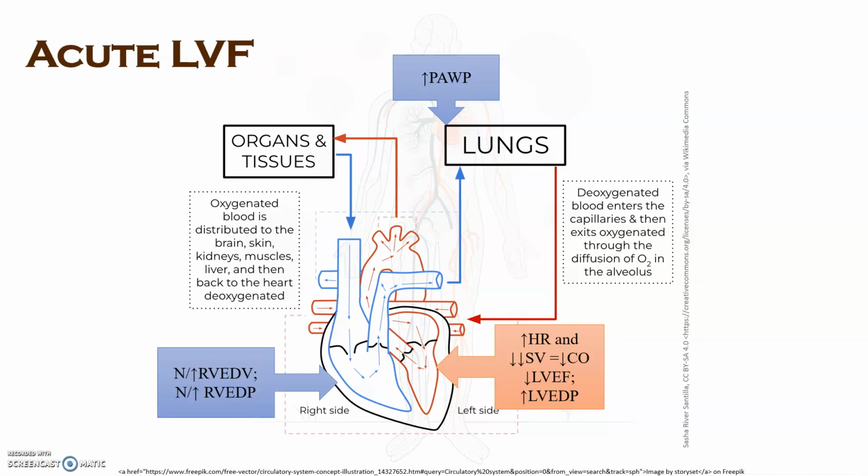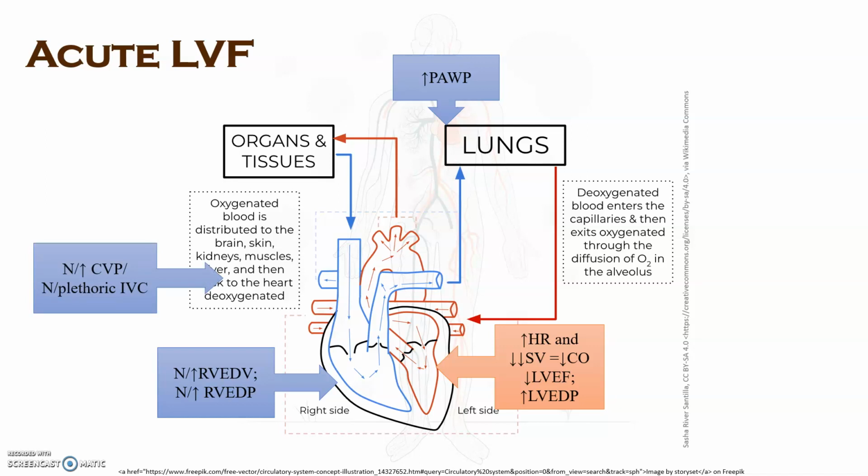This then has an impact on the right ventricle. Although early on the right ventricle may not be affected, as the condition develops, this backup of pressure into the lungs will ultimately lead to an increase in right ventricular end-diastolic volume and pressure, as the right heart is not really designed to deal with high pressures and will not be able to empty effectively against a high pressure in the pulmonary vasculature.